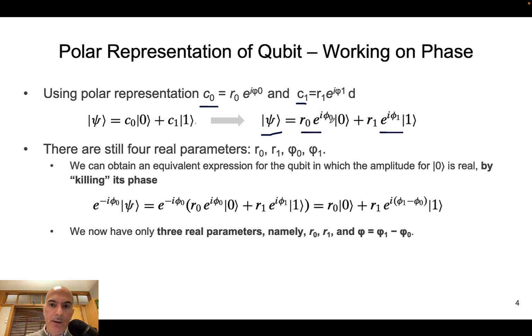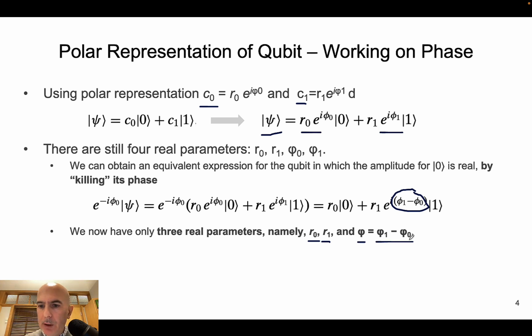However, we can kill the phase by manipulating this expression, and we can represent the phase as a difference of phases. In this case, we have only three real parameters, namely the two amplitudes, and then we combine the two phases into one, which is just the difference of the two phases.